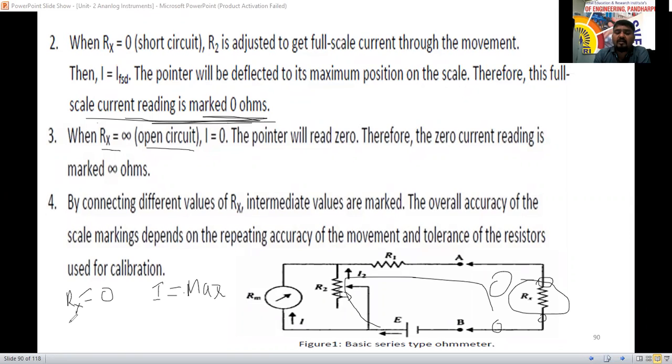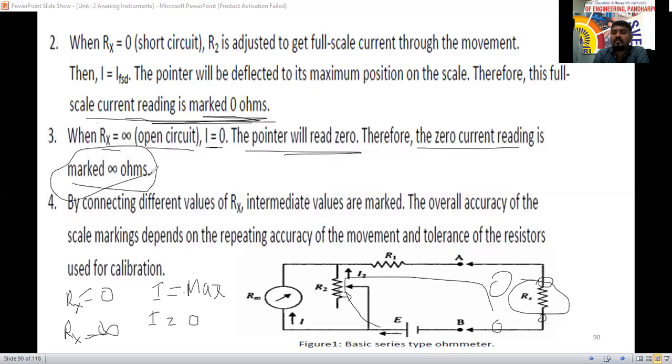On that condition, Rx equal to maximum or infinity, the meter deflects to minimum or 0. So I equals 0, the pointer will read 0. Therefore, the 0 current reading is marked as infinity ohms.